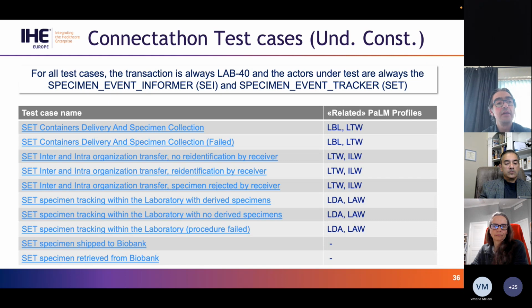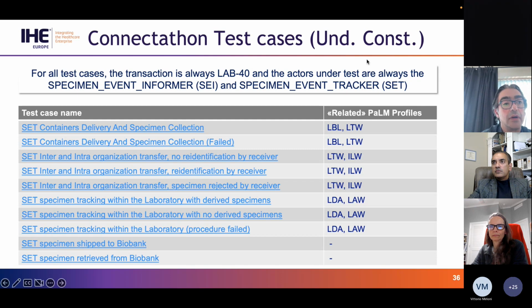So, for example, the tests of the events related to containers delivery and specimen collection could be related to the LBL and LTW profiles, while tests for the specimen checking within the laboratory are related to the LDA and LAW profiles, which are the profiles that address these events and these operations inside the PaLM domain.